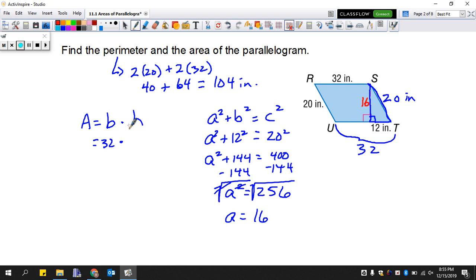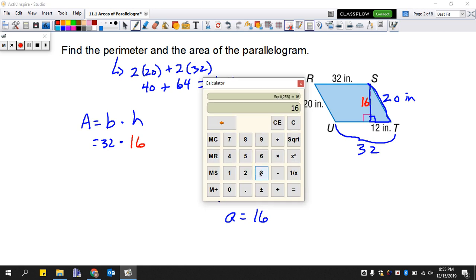So we take the base times the height, 32 times 16. We plug that into our calculator and we end up with 512.